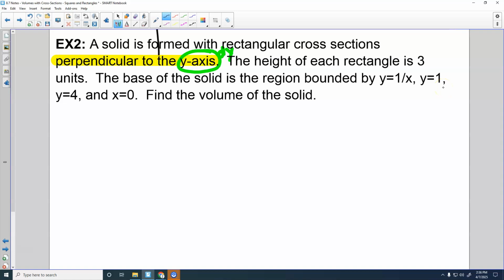So we need to sketch a graph first of what this is going to look like. I've got y equals 1, y equals 4, x equals 0. I would do those first to kind of get a bearing of where you need to be. In this case, it is going to be pretty much all in the first quadrant.